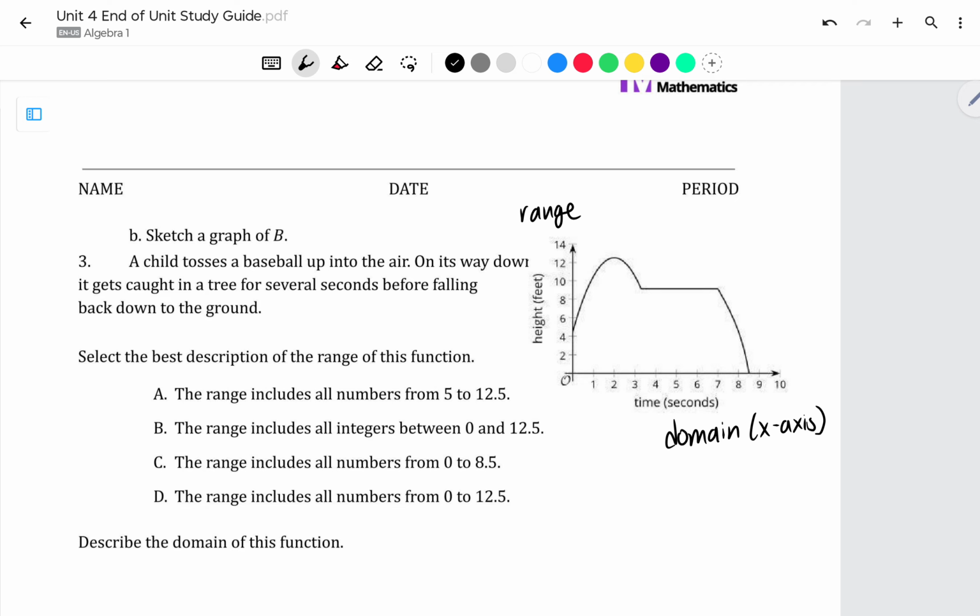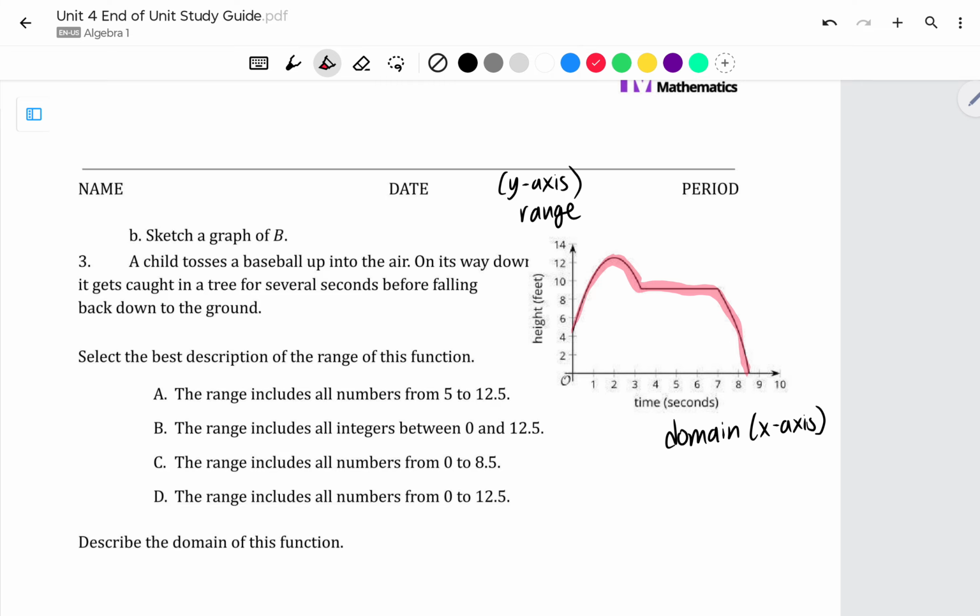X-axis, y-axis. Okay, so this graph, does it cover only points from 5 to 12.5? Is that true?